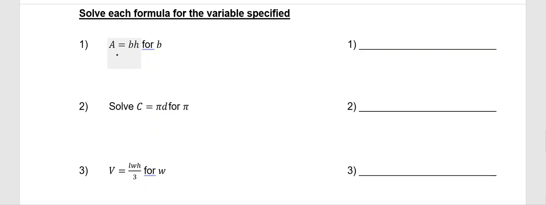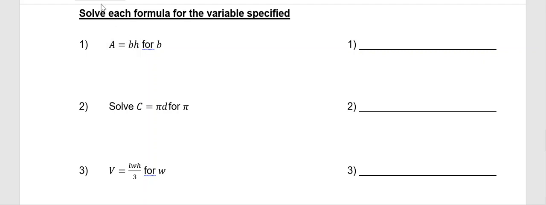But we can take any equation and rewrite it so it's solving for a different variable. In this case, we might want to rewrite it to solve for B instead of A. The reason that might make sense is that we already know what the area is and what the height is, but we need to use that information to solve for the base.